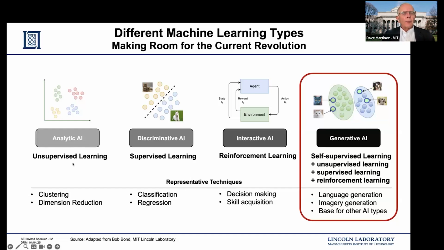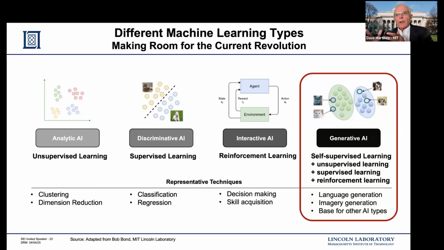I'll give you a couple of examples. Unsupervised learning, for example: one of our senior staff at Lincoln Lab came up with an approach to characterize malware in the web proxies by integrating and bringing together a lot of that information and doing PCA, principal component analysis, to highlight that part of that large web proxy of IP addresses and identify a malicious IP.